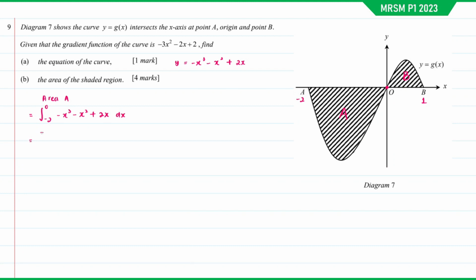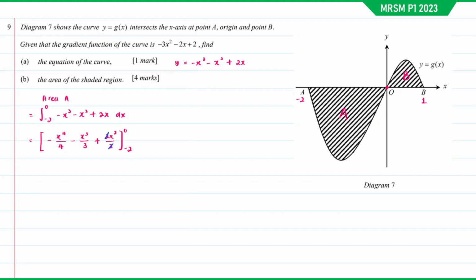This is equal to negative x to the power of 4 over 4 minus x cubed over 3 plus 2x squared over 2.